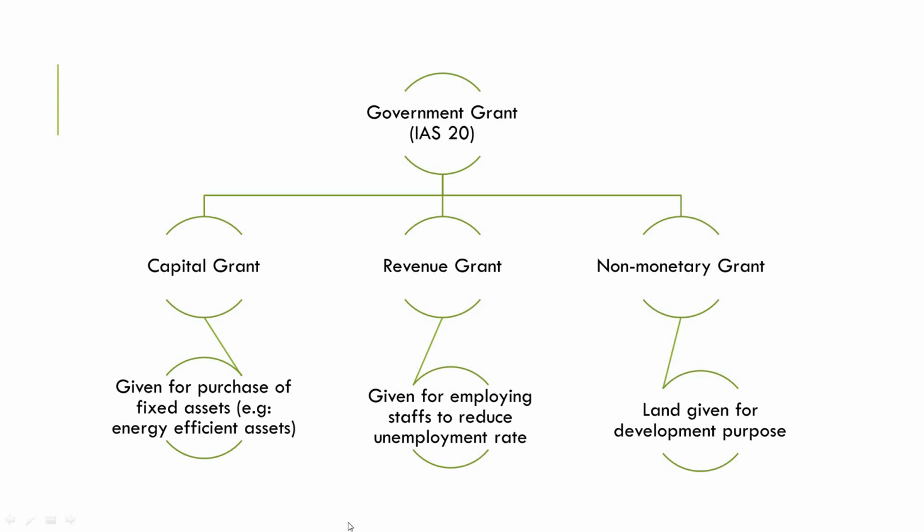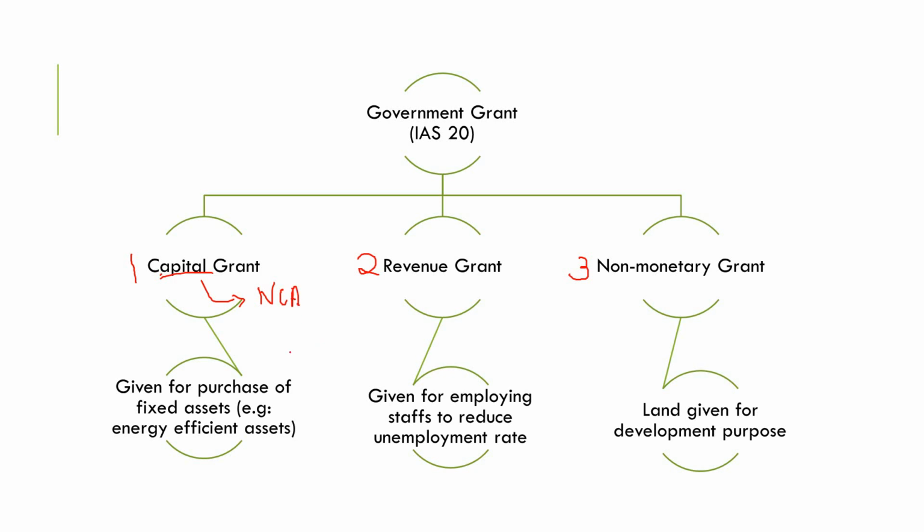So when we talk about government grant, there are actually three different types of government grant. It could be in terms of capital, could be called revenue grant, and the third one is non-monetary grant. So capital grant, as the name says, is related to the purchase of non-current assets.